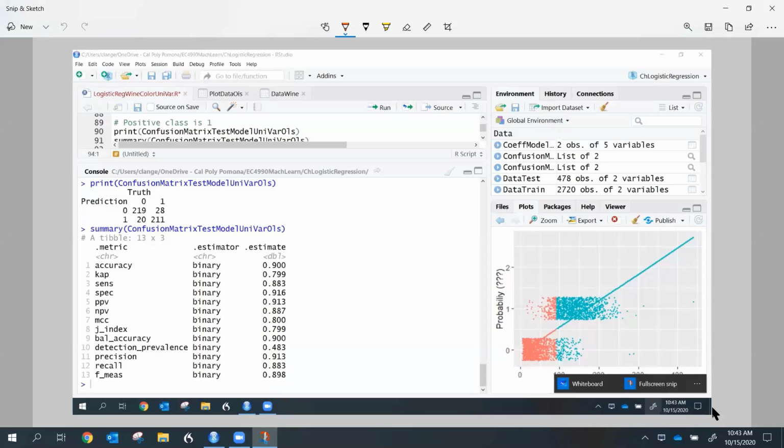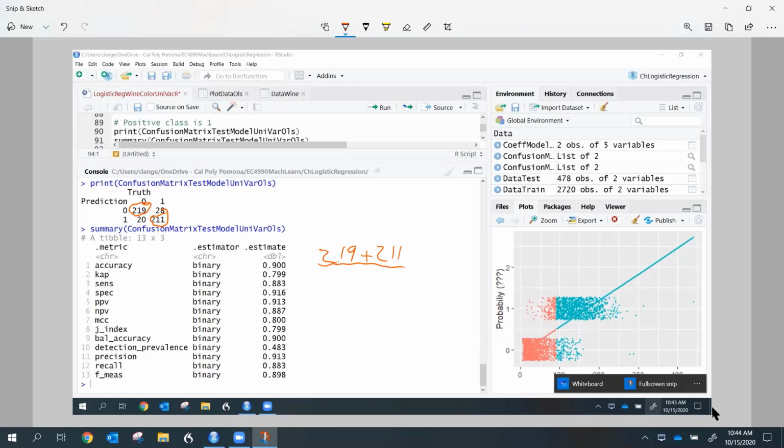Okay, first we could calculate the accuracy. The accuracy is calculated by taking the correct ones, which is 219, plus 211, and divided by the total number of records here.